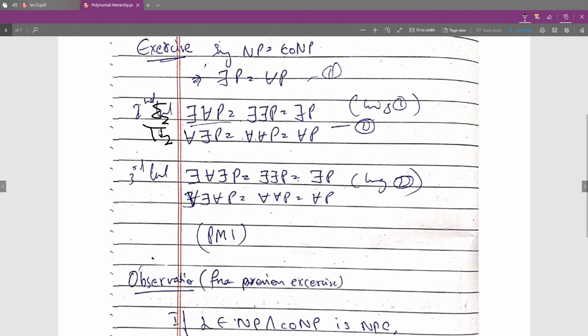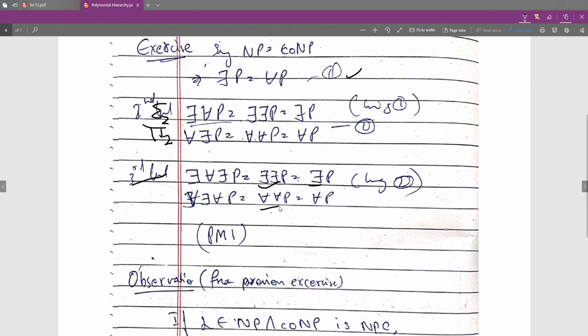So sigma 2 is equal to there exists p, right? And pi 2 is nothing but for all p, which is nothing but equal, right? Which is the very first level. So at the third level also I can show that there exists, for all, there exists p is equal to there exists p, and as I said, two existential quantifiers can be collapsed to one, right?